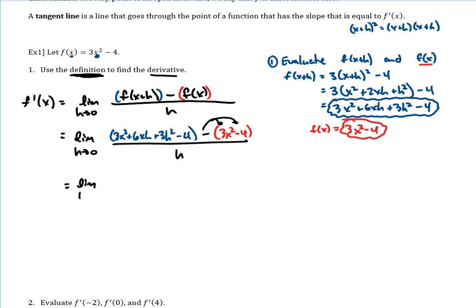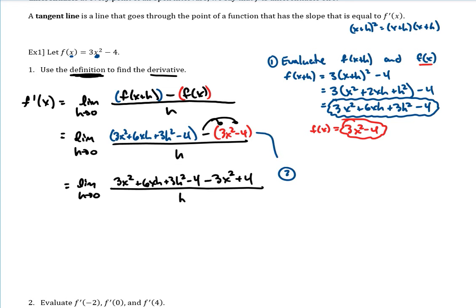Okay, anyway, so what we do have is in the blue, I don't need those parentheses anymore. I've got 3x squared plus 6xh plus 3h squared minus 4 minus 3x squared plus 4, all over h. Okay, so we evaluated and we plugged them in. We are doing our step 2, where now I'm just simplifying the whole thing, however method it takes to simplify.